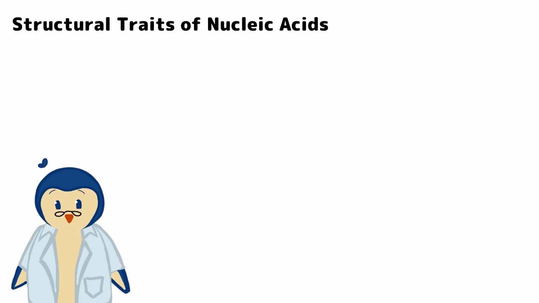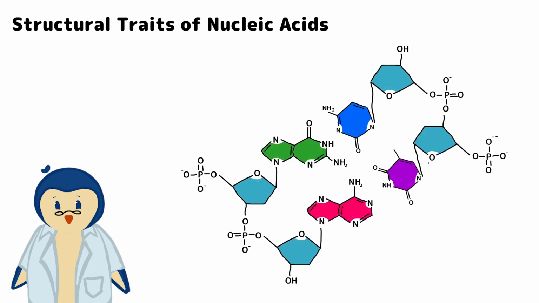Well, let's talk about some structural traits of nucleic acids, since we know how they are being formed. For example, in DNA or RNA, which we'll talk about later on, the guanine can only form hydrogen bonds with the cytosine, and the adenine can form hydrogen bonds with the thymine or the uracil.